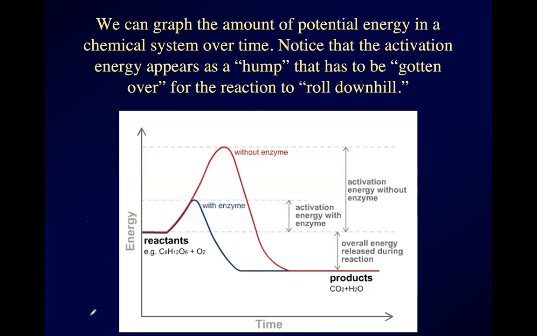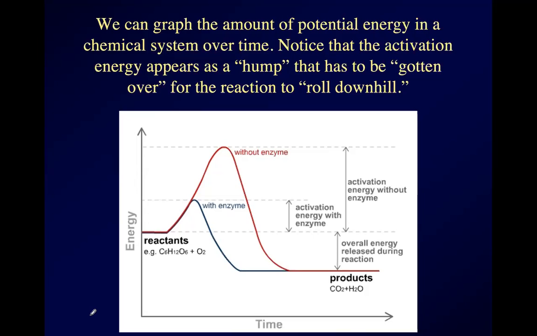And so we can draw this graph of the amount of potential energy in a chemical system over time. We start with a certain number of chemical compounds over at the left. If the reaction is exothermic, then what we end with, the products, contain less energy, and so some energy is released, given off during the progress of the chemical reaction.